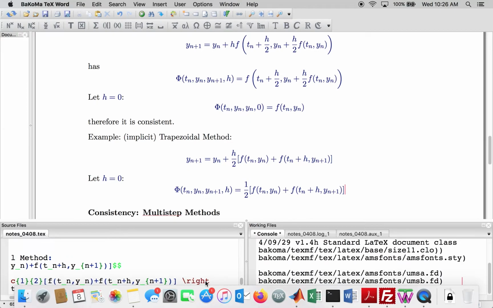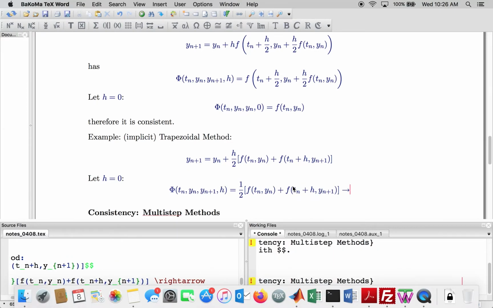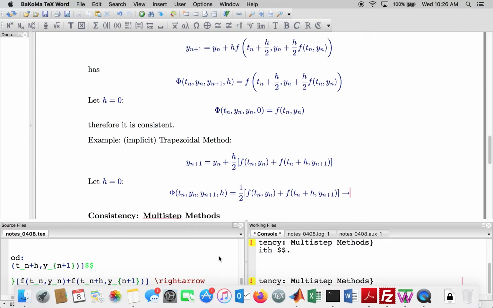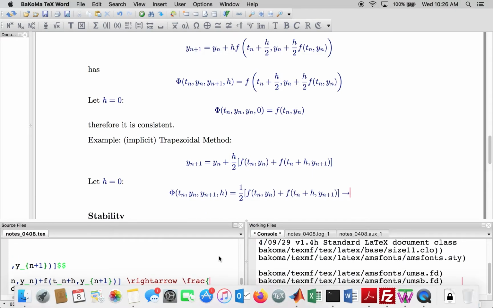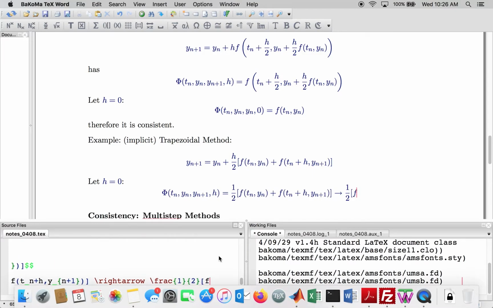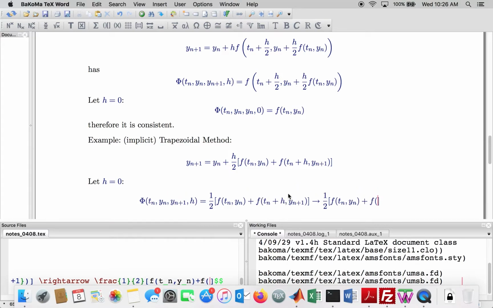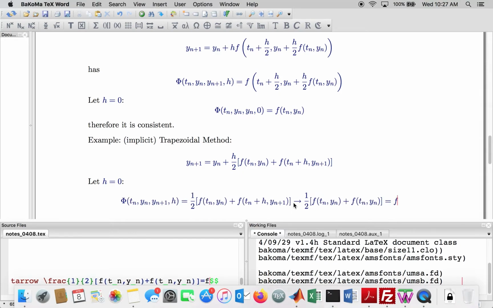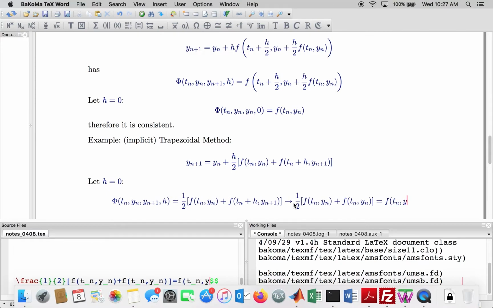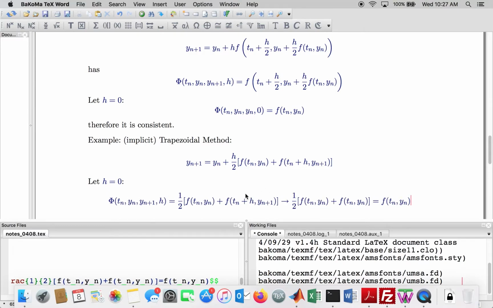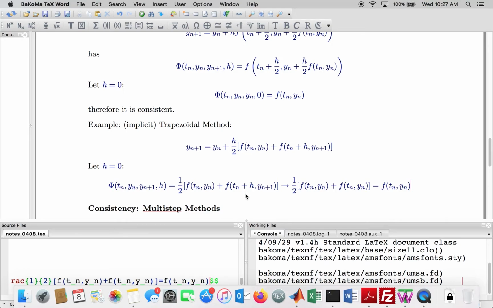So what happens as we let h go to 0 is we get f of t_n, y_n plus, here, this term goes away, so it's just f(t_n, y_n). And then y_{n+1}, because h is going to 0, just becomes y_n again. So we just get f of t_n, y_n. So again, the method is consistent.